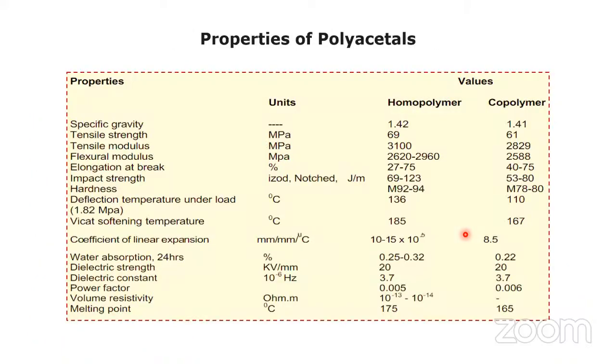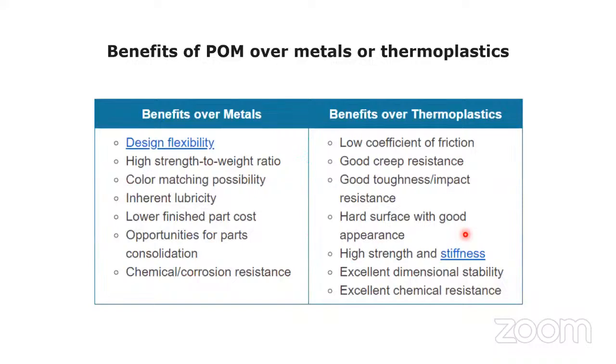What do you mean by low coefficient of friction? Basically, the surface is very smooth, and it gives very good sliding properties. If you have two articles, like a cylinder and piston arrangement, you can take that example.